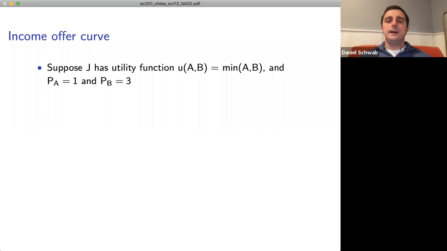The idea to keep in mind is, if you have 7 left shoes, or say 7 apples, and 3 bananas or 3 right shoes, then you have 3 full pairs, and then you have 4 pieces of trash that you just throw in the garbage can, and you get no value whatsoever from those extras. So the question would be then, what is J's indifference curve?